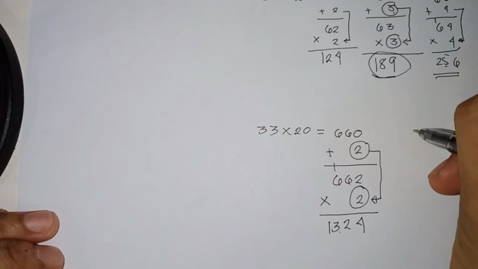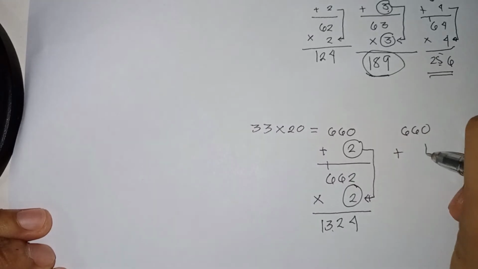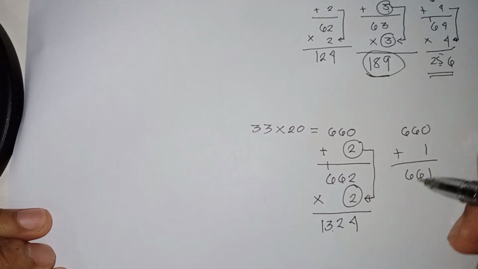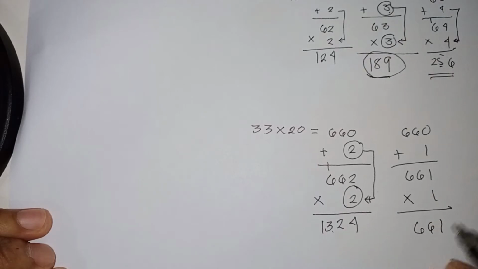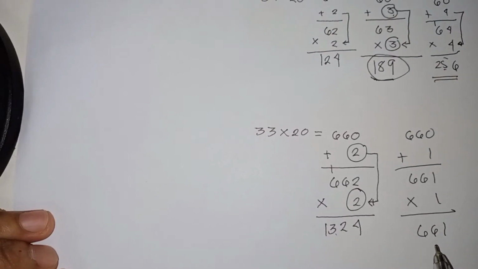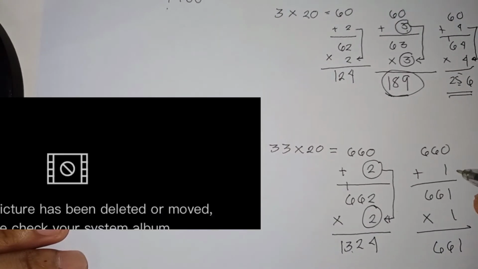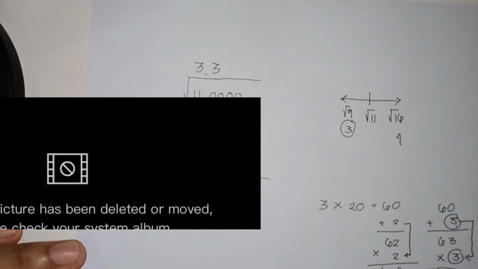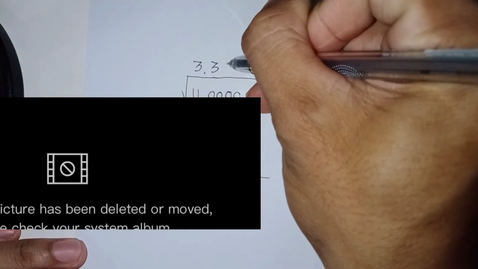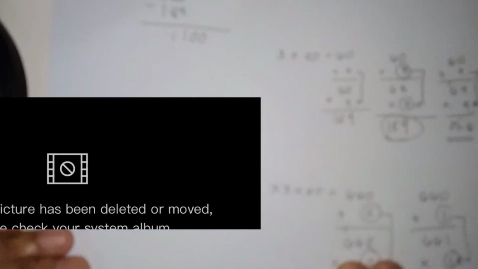So let's use 1. 660 plus 1 is 661, times 1 is 661. So 661 is allowed under 1,100. The number we used is 1, so the next digit of our answer in the hundreds place is 1. For this 1, what did we get?